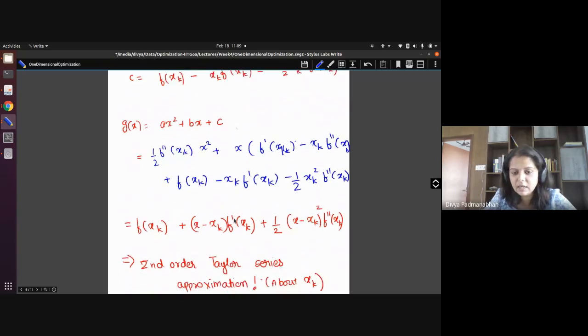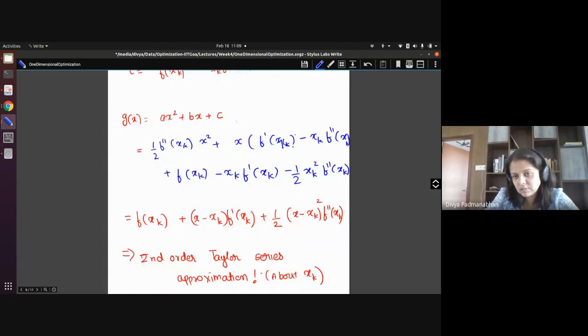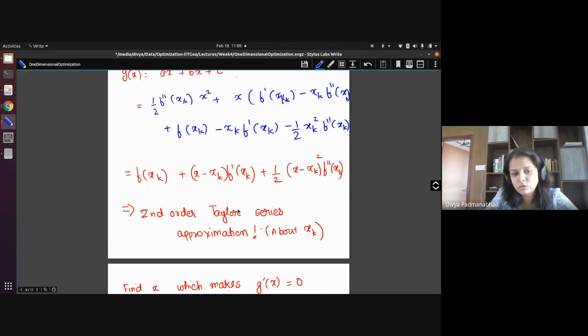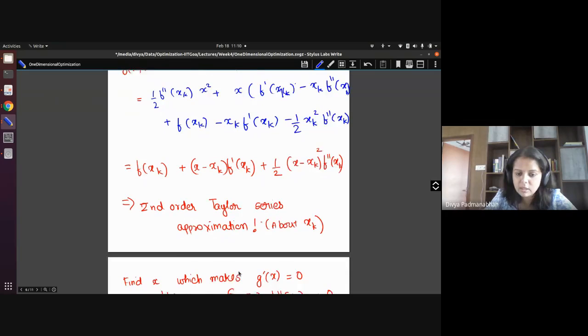If you do some simplifications, what you're going to get here is just the second order Taylor series approximation about xk, which is what we have seen earlier. Now the idea in Newton's method is to find some value of x which makes the derivative of this second order approximation 0.